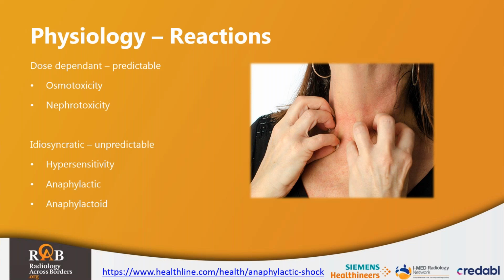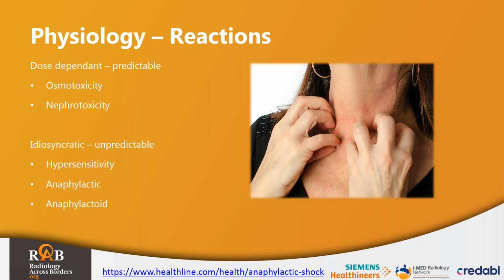However, we can get close to iso-osmolar to blood plasma, but we can't ever truly achieve it. So it still does have an osmotic effect. If we inject a large volume, it will still exert a force. So we need to be aware of the amount of contrast that we're injecting. Same goes with nephrotoxicity, which is just toxicity to the kidneys, and it adversely affects renal function.